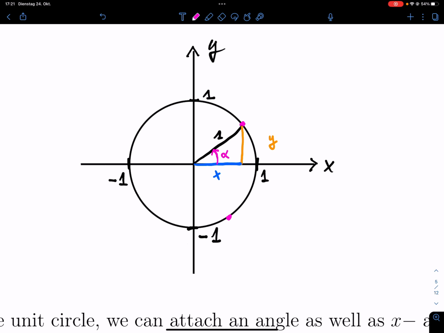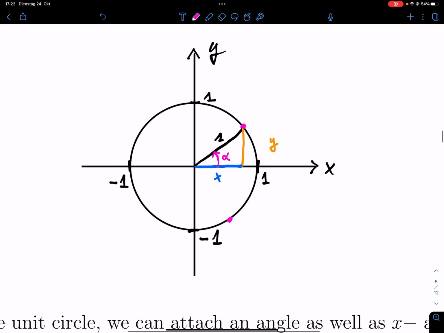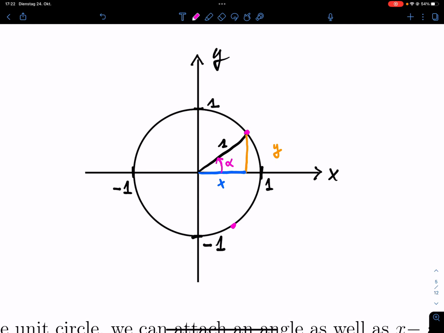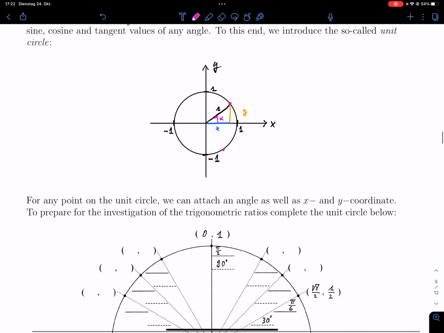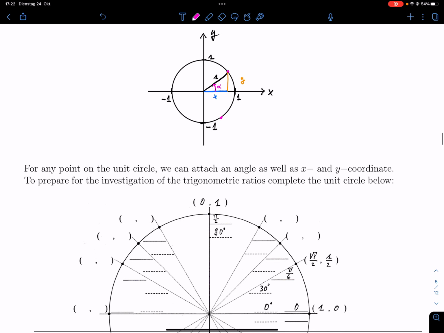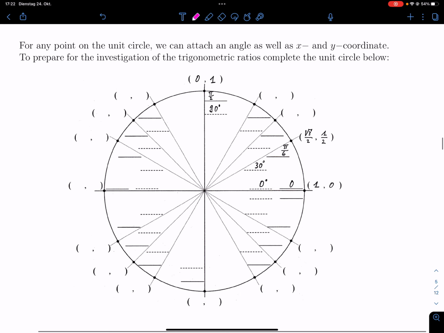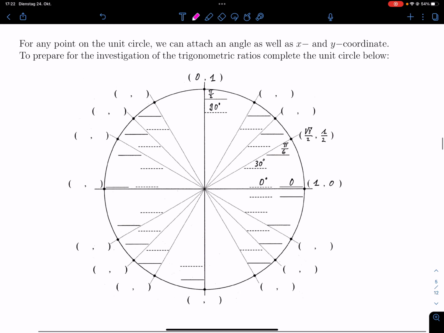Whether you measure the angles in radian or degrees doesn't really matter. If you want to be really precise, you would measure them in radians, but for the purpose of being intuitive, we're also going to use degrees a lot. So with this knowledge in mind, you can fill out this unit circle here.